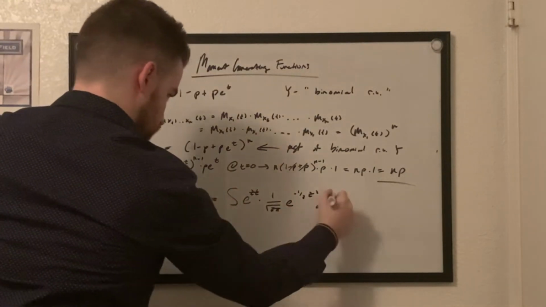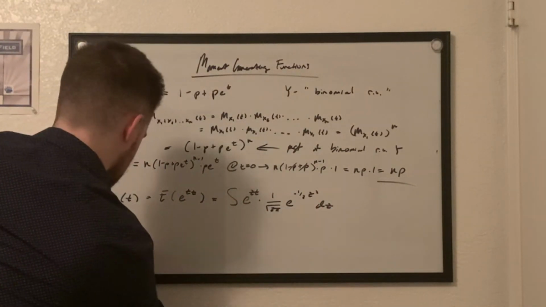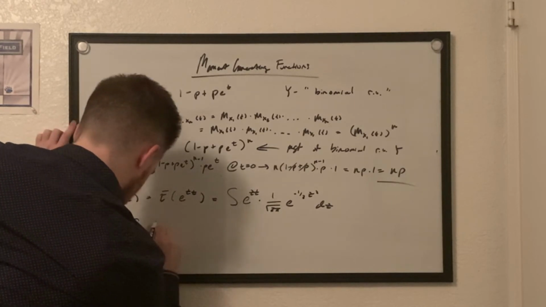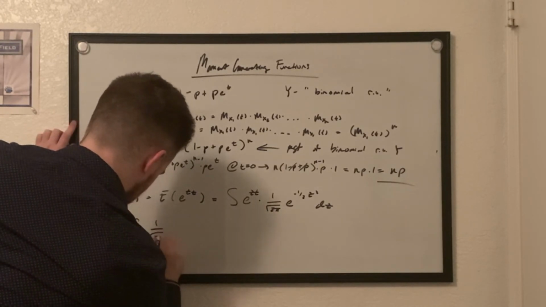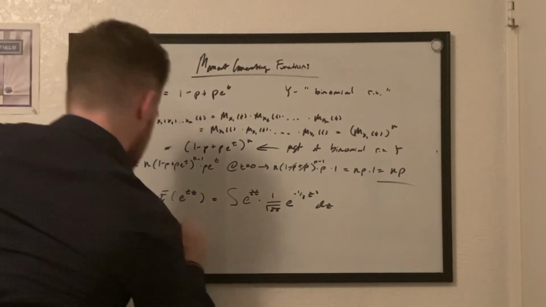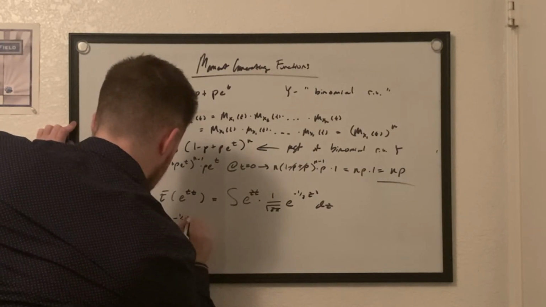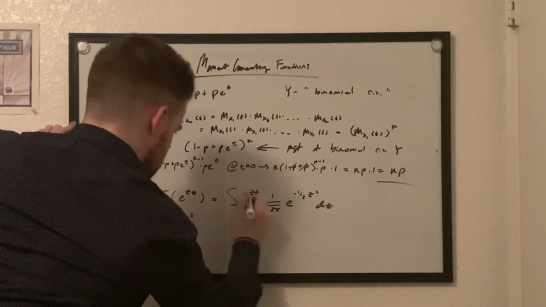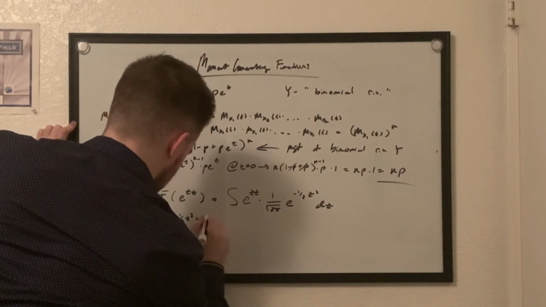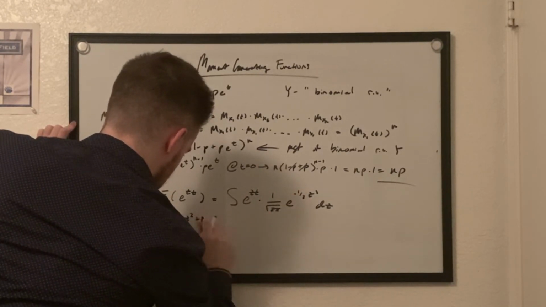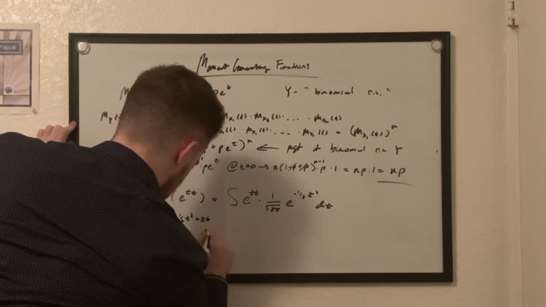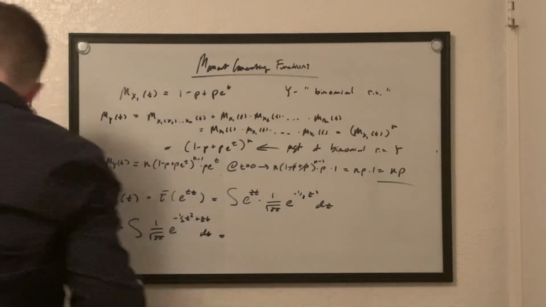Now, let's try to combine this into something nicer. That will give us the integral of 1 over square root 2 pi e to the minus 1/2 z squared, and we combine these two, plus zt, dz.